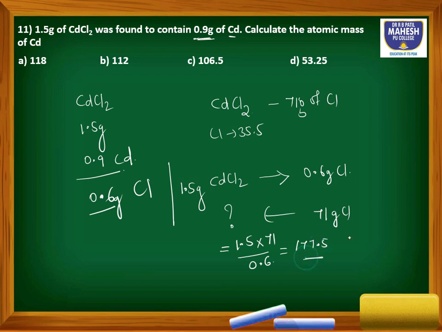See, what is this? 177.5 is the molar mass of cadmium chloride. Okay, so out of this we have 71 gram of chlorine. So if I subtract 71 from that, then I am going to be left with 106.5. What is that? That is the molar mass or atomic mass of cadmium.